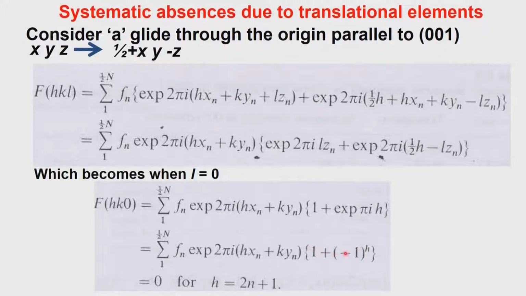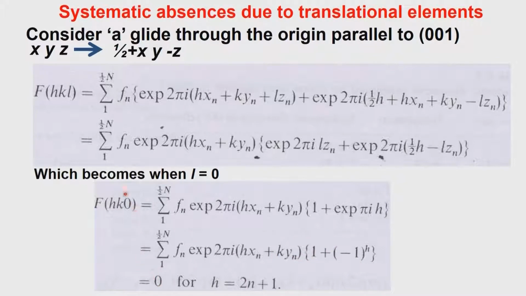It will be 1 plus 1, or 1 plus of minus 1, which is 0. Whenever this is minus 1, that is h equals 2n plus 1, that means all odd values of h, the 1 and minus 1 will cancel out, and therefore the value becomes 0.